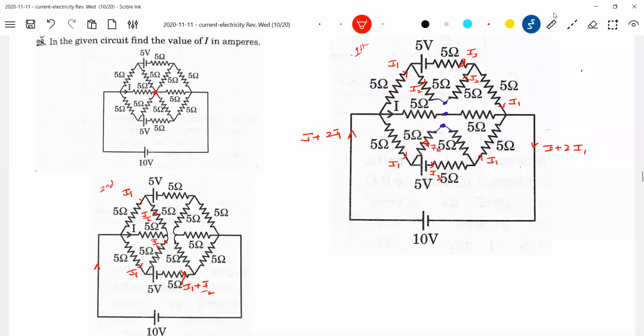I1 plus I by 2. Here I1 plus I by 2. And that current will take like this, I1. This is I by 2. So how much current here now? I plus 2I1. No.